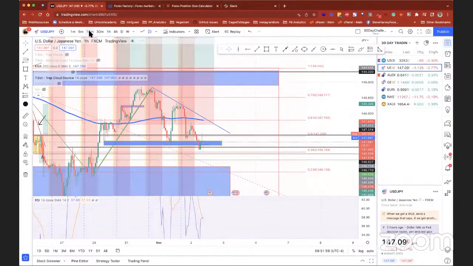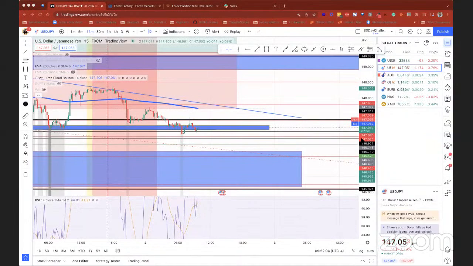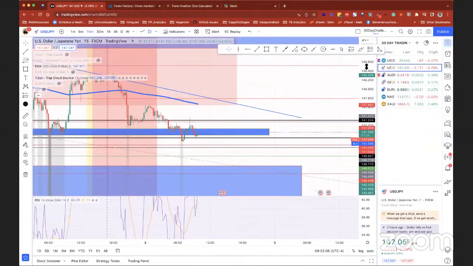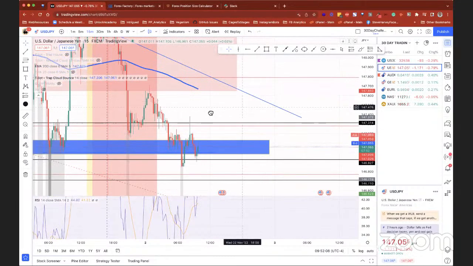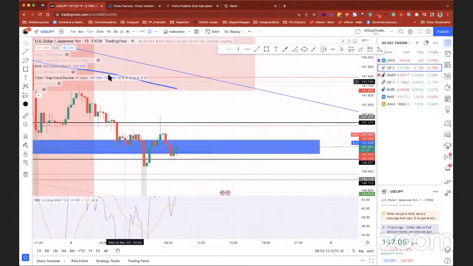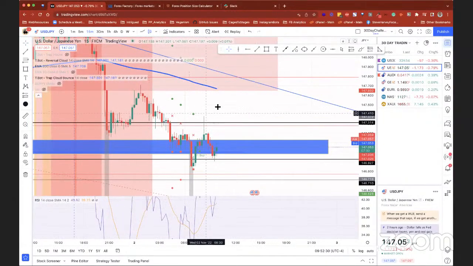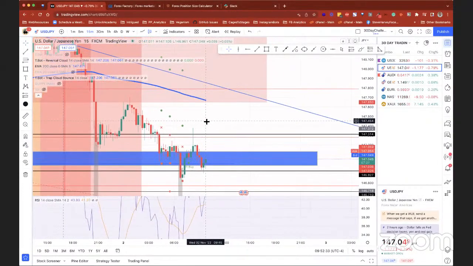Let me go down to a lower time frame and see if it just looks like more room. Nope, yeah, I don't like it.